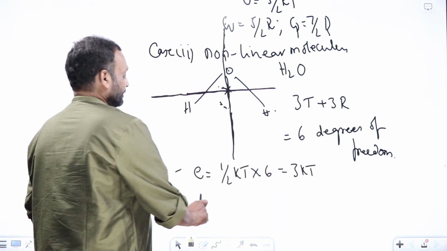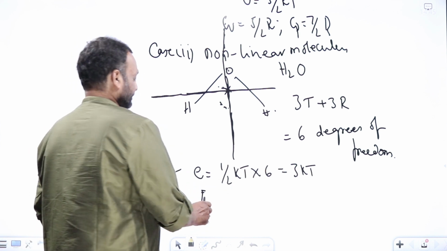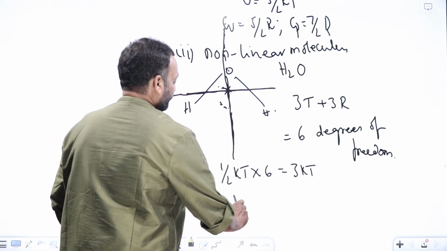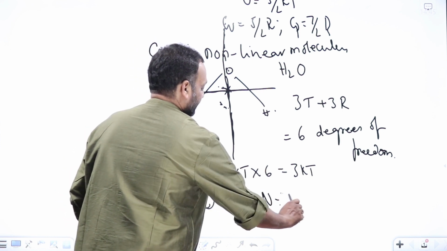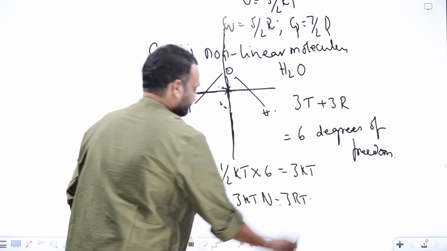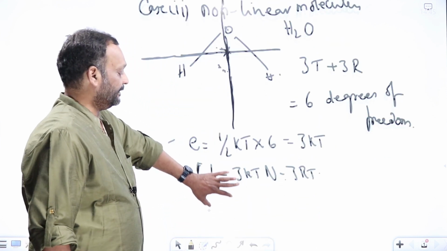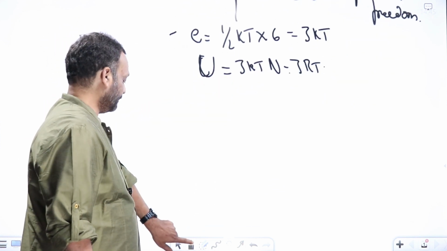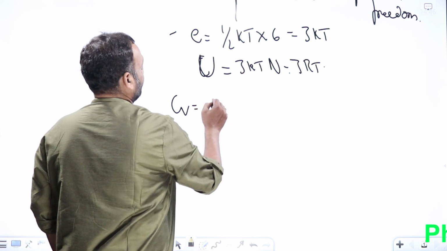The total energy for 1 mole of the entire gas is the internal energy U equal to 3 kT into N, and N into k is nothing but R, so it is simply 3 RT. When internal energy is 3 RT, what is CV equal to? CV equal to dU by dT.